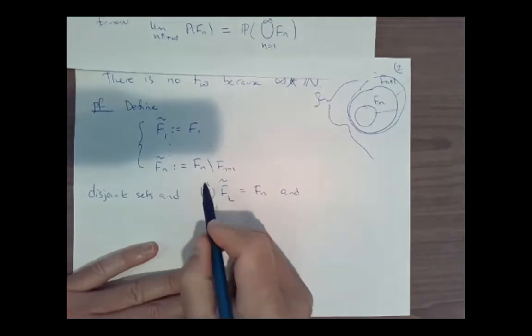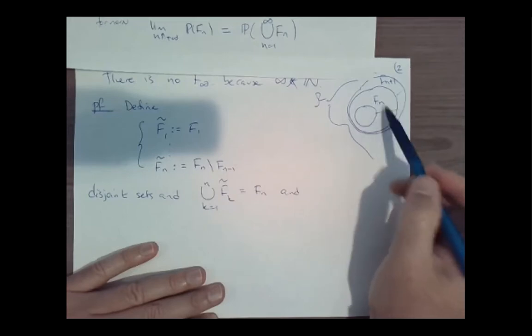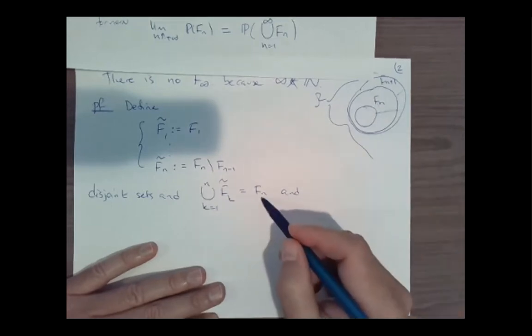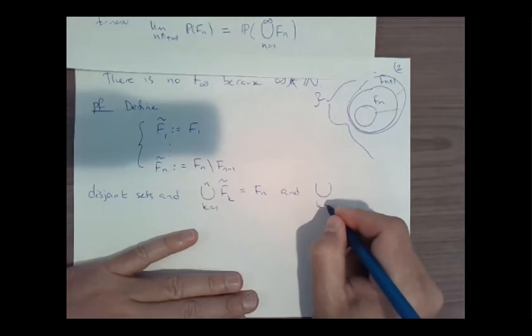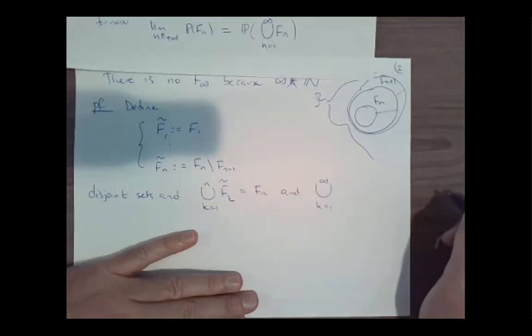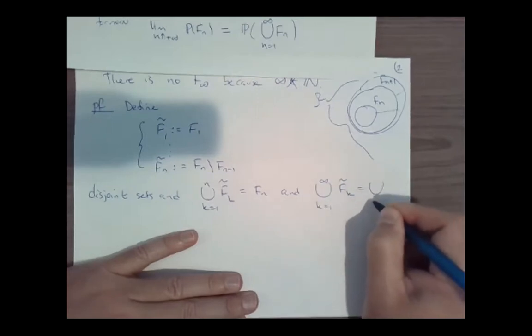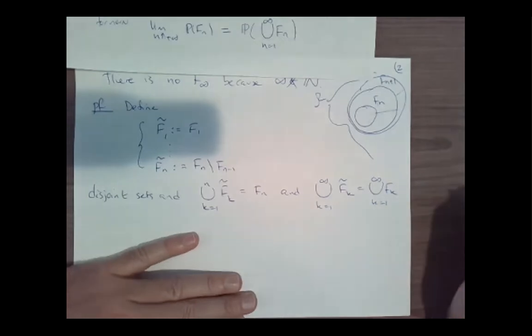If I take a finite union, every time I get a bigger and bigger donut, and when I union them all up, I just get the original set Fn. And similarly, if I take a countable union, I'm going to get exactly the same as the union of my original ones.